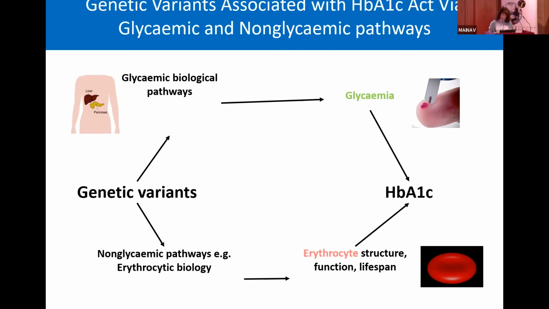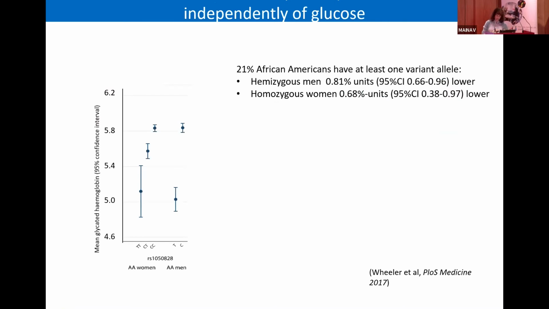So that's fine. But what wasn't known, and something that we published a few years ago, was when we did our first multi-ancestry analysis of HbA1c, we were quite surprised because in African Americans, we found one particular variant that is on the X chromosome, so hence I have the females and the males, that has, for those of you that aren't clinicians, a massive effect size for a single variant.